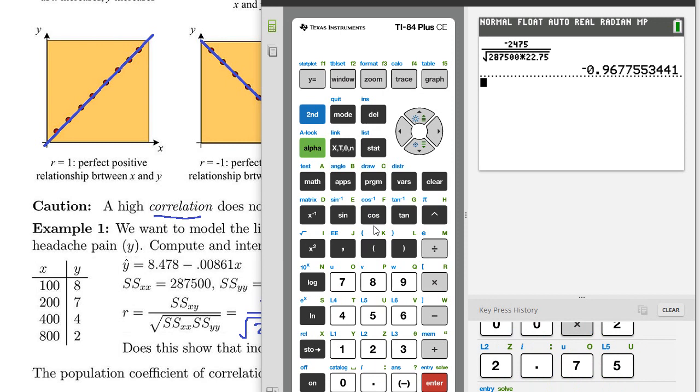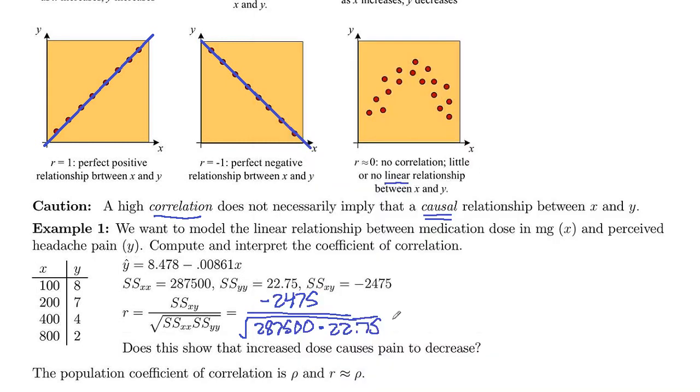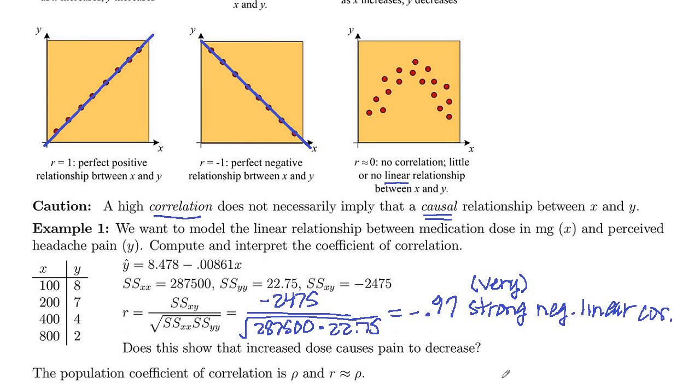So negative 0.967, negative 0.97. That is very close to negative 1. We would interpret this as a strong negative linear correlation. Actually, it's so close to 1 that most researchers would probably call that very strong negative linear correlation.